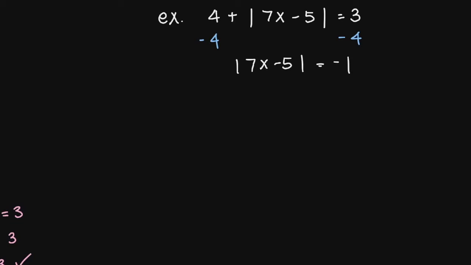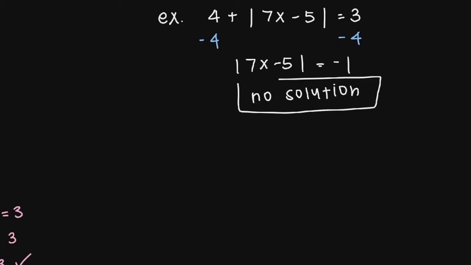So we have an absolute value equal a negative number. So since the absolute value is always going to be positive, this is no solution. And for those, you don't have to check because there's no answer that would work.